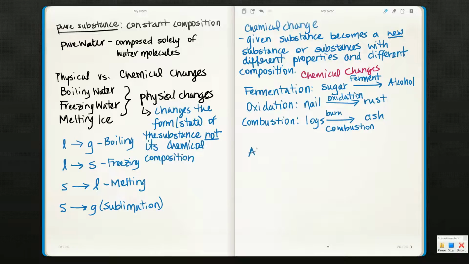So all physical, let's star this, all physical changes are state changes.